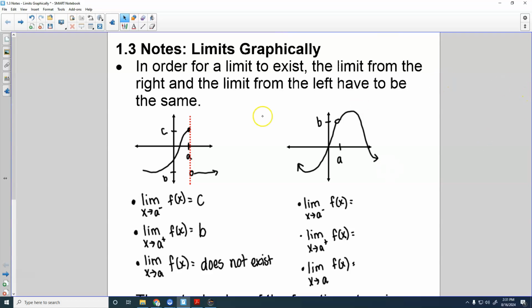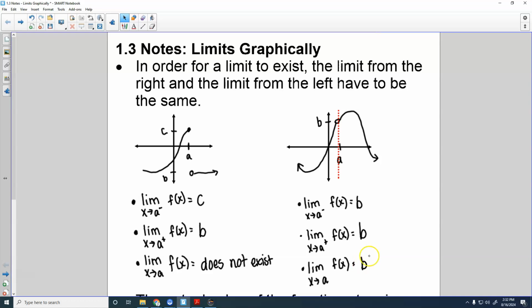Okay, over here on the right-hand side, let's move this line over here. As we approach from the left-hand side, what value do we approach? B. What about from the right-hand side? Also still b.